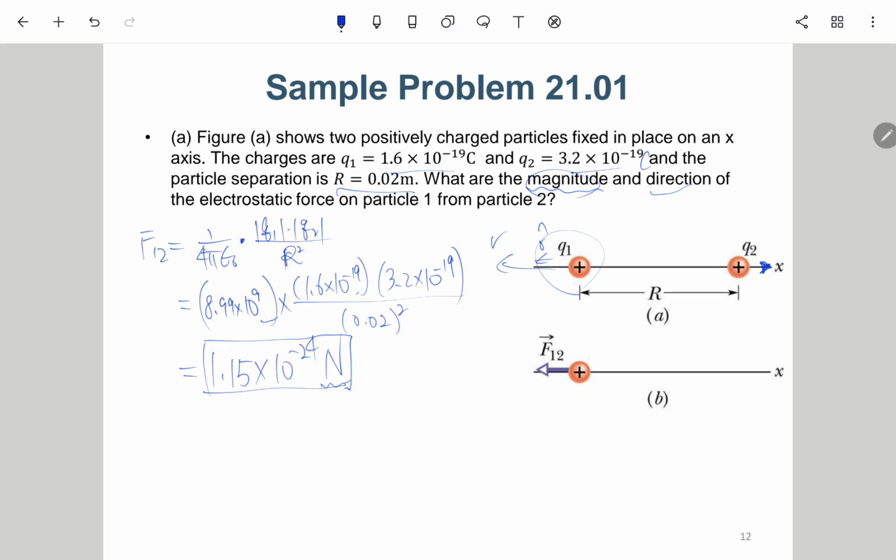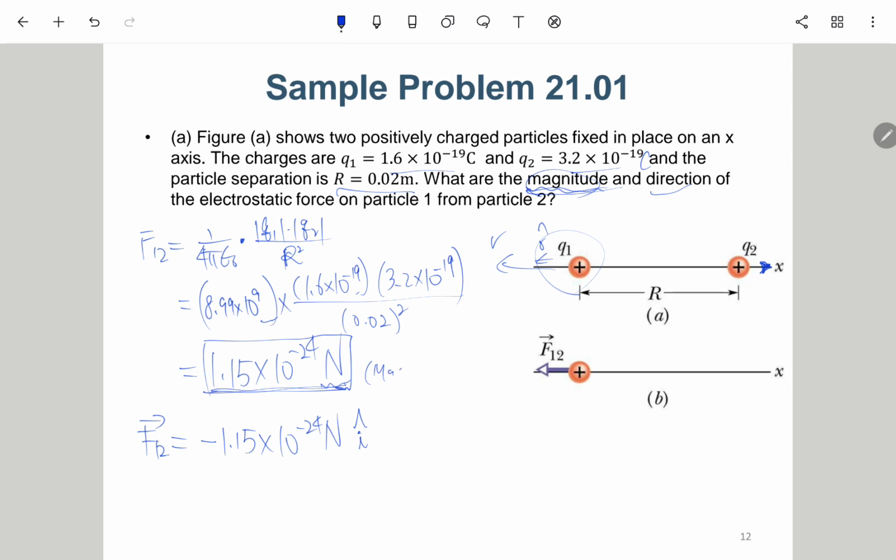Okay, so this is the magnitude, and then actually we can just write it as something like this. F12 will be negative 1.15 times 10 to negative 24 Newton, and then we use a vector form to represent this. Okay, so of course just now I mentioned that the magnitude is actually this one.